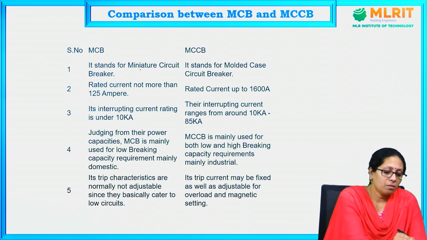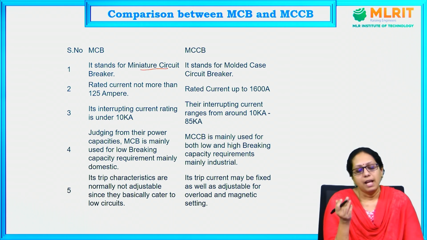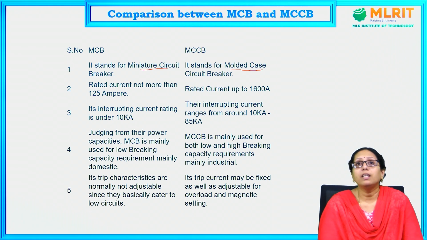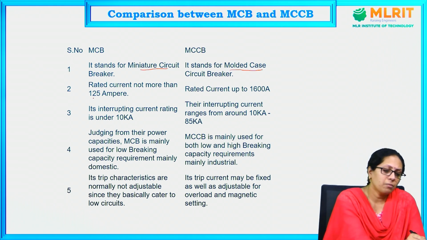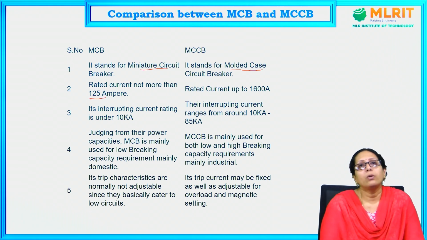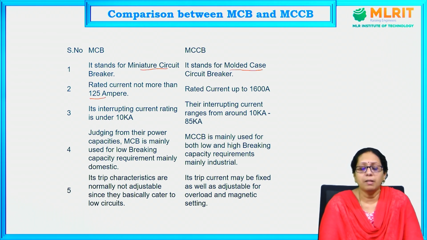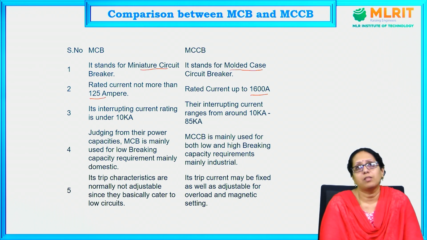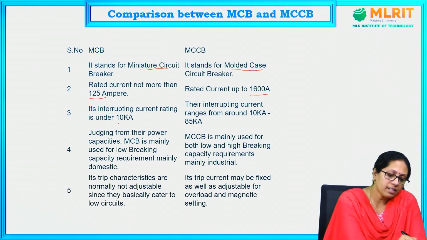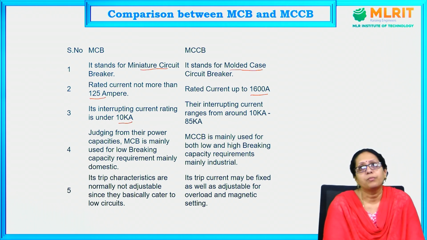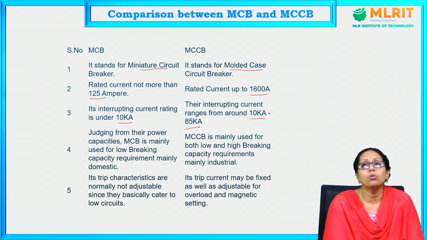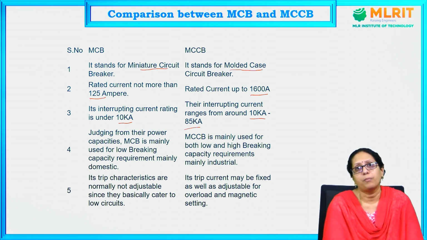MCB stands for miniature circuit breaker and MCCB stands for molded case circuit breaker. The maximum rated current is only 125 amperes for MCB, and here the rated current is around 1600 amperes. Its interrupting current rating is under 10 kiloampere, and here the interrupting current is between 10 kiloampere to 85 kiloampere.